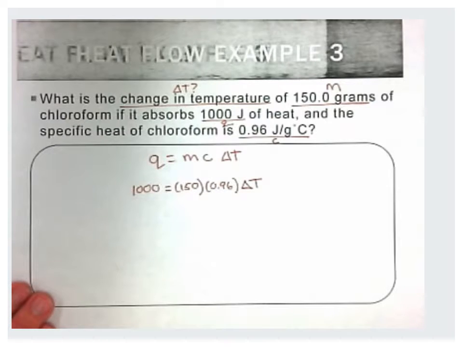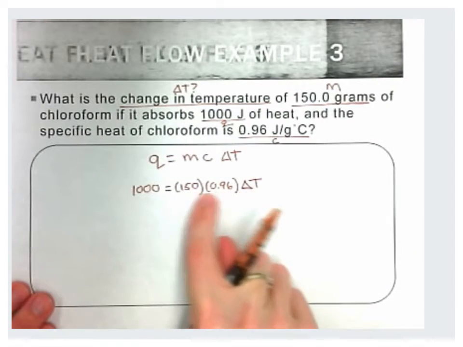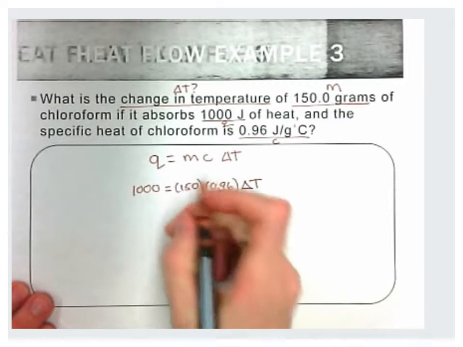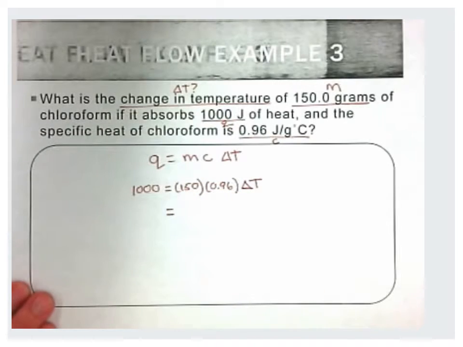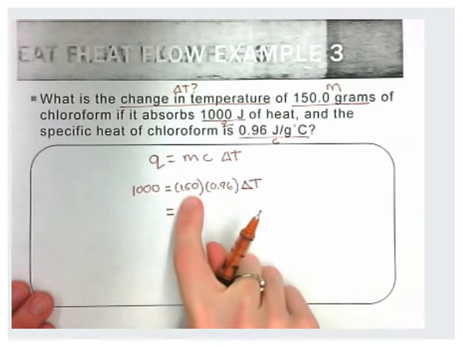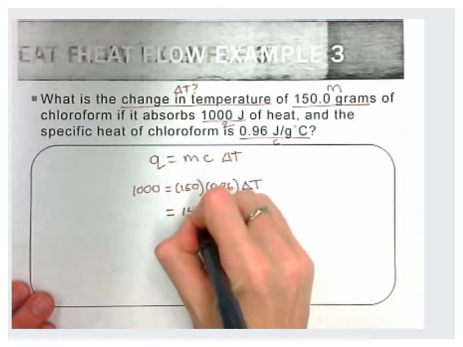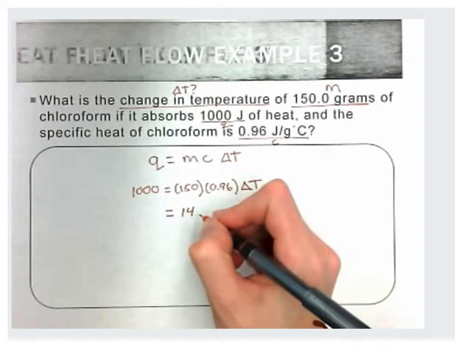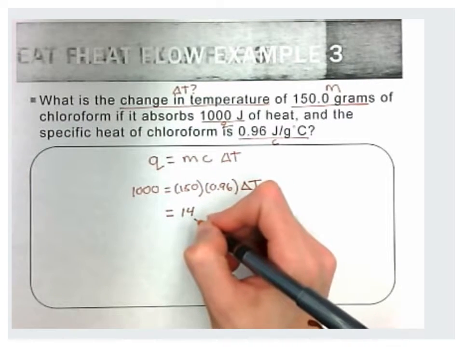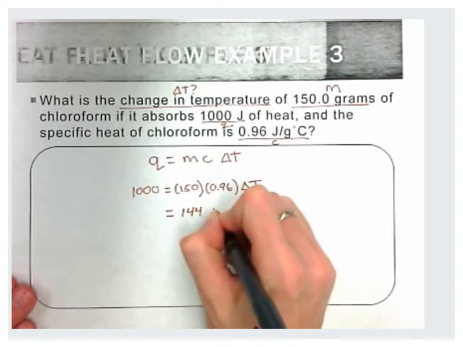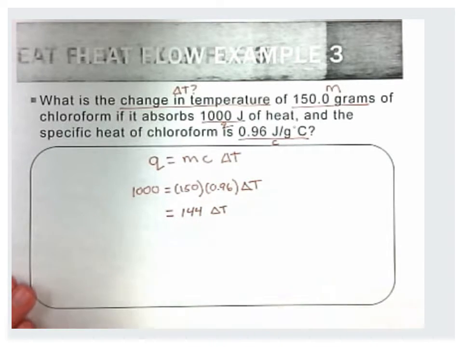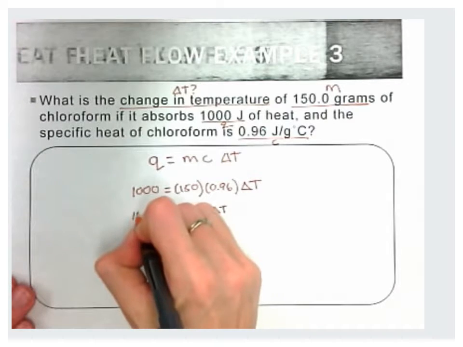And now I'll do the algebra. First I'm going to simplify this by multiplying 150 by 0.96. I get 144 times delta T. Now over here I still have that 1,000.